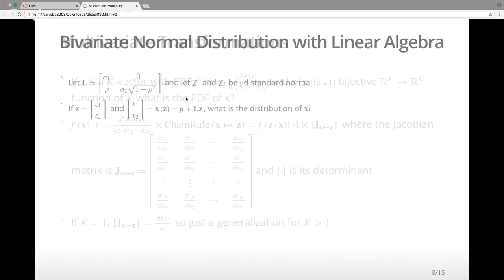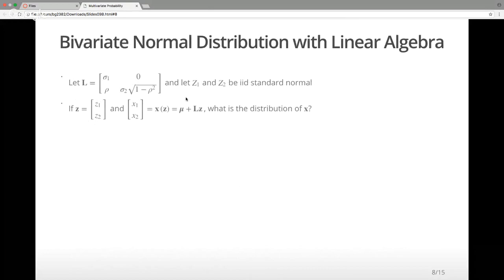Okay, so let's see how that works a little bit in practice, although this is going to be maybe more implicit. So let's take the matrix L. This is 2 by 2. It is going to have sigma 1 in the top left, rho in the bottom left, 0 in the top right, sigma 2 times the square root of 1 minus rho squared in the bottom right.